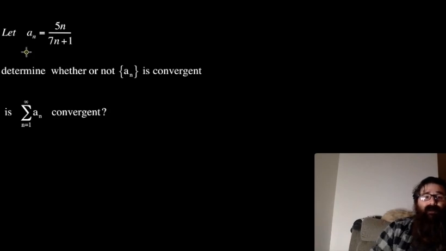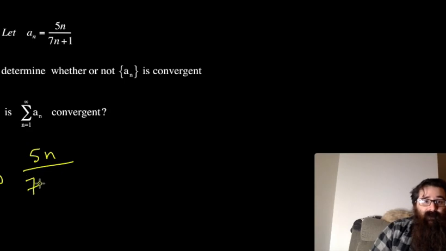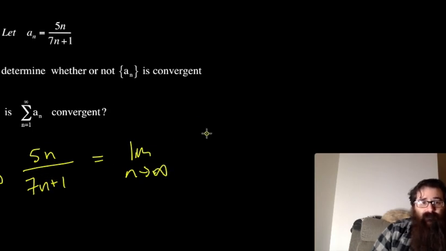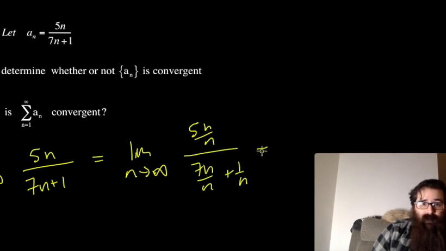Now for the sequence, and we just talked about this in the previous section, I just want to look at the limit as n goes to infinity of my generating term, which is 5n divided by 7n plus 1. And we have that cool trick we like to do, divide by the highest power of n in the denominator, so divide by n to the first. So I get 5n over n divided by 7n over n plus 1 over n.